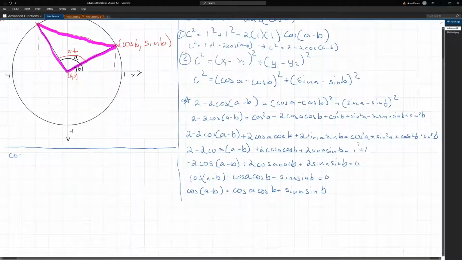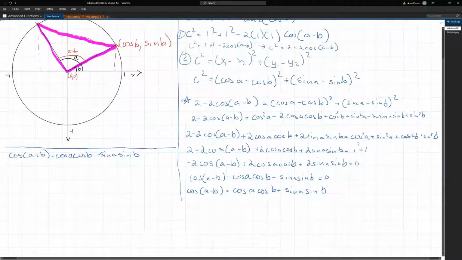So our other formula is cos(A plus B), and that is actually equal to cos A cos B minus sine A sine B. So as you can see, the only difference here is now instead of a plus like we had before, we have a minus. So the signs just switch.